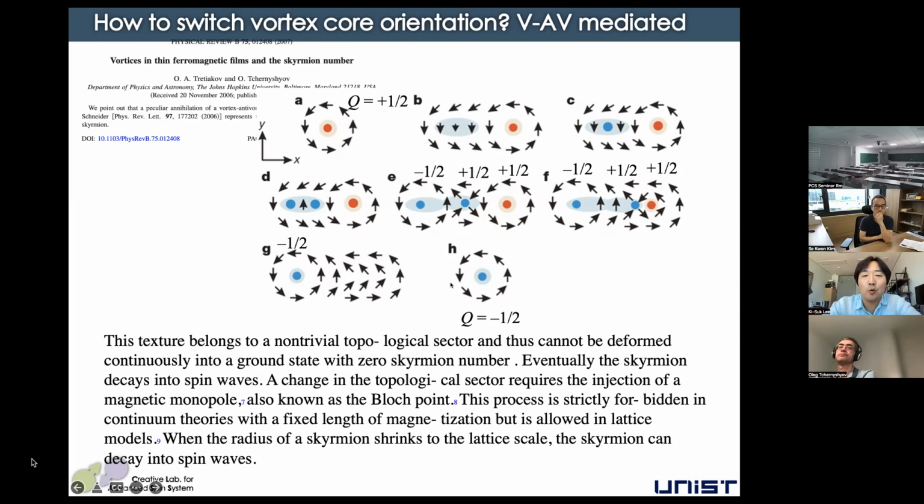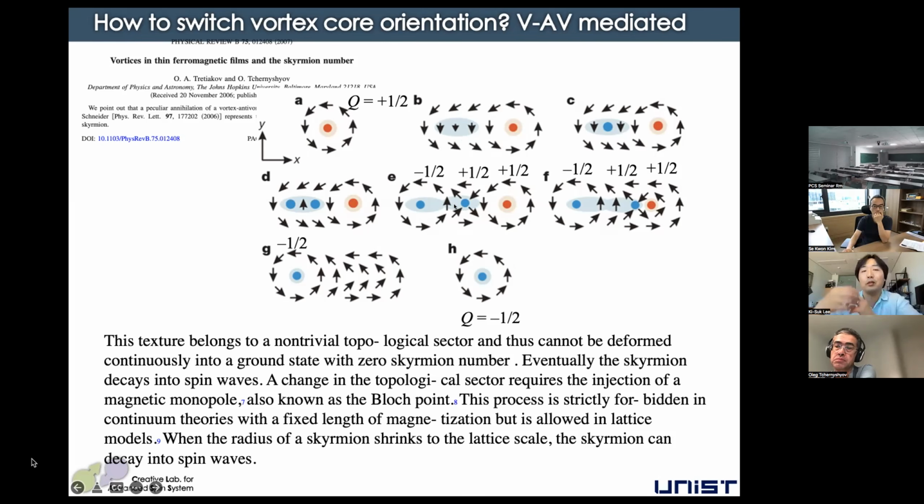No. Here it depends on the viewpoint. First, vortex and anti-vortex creation and annihilation should follow the change of the topological charge. Here is an example. First, plus 1/2, and the creation is a trivial process.